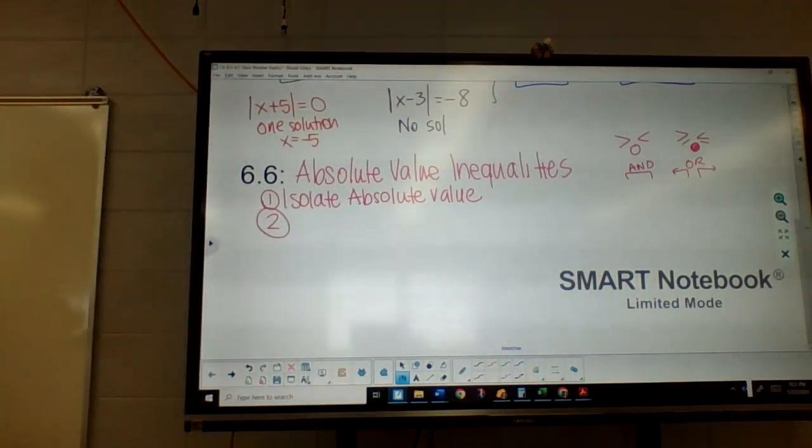And when we set up the two inequalities, we want to make sure we flip the inequality on the negative one.